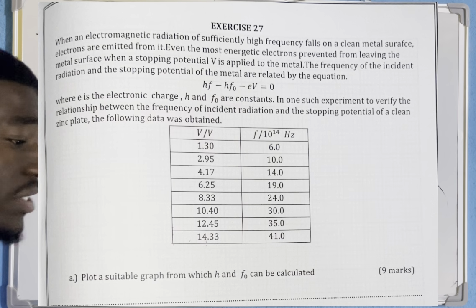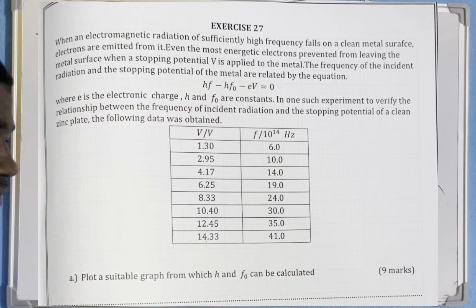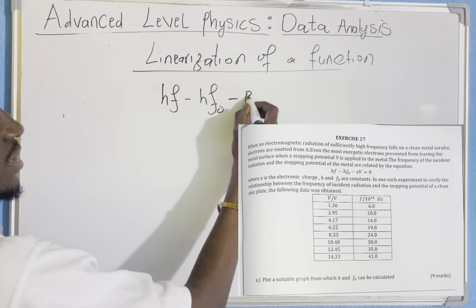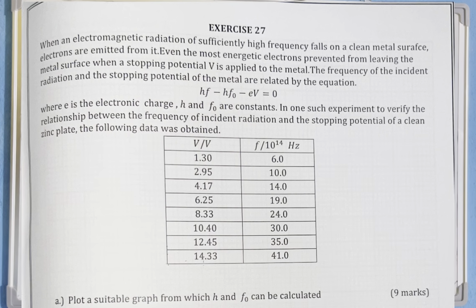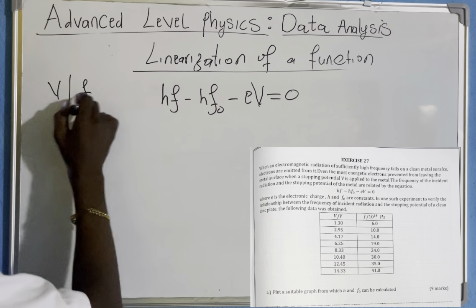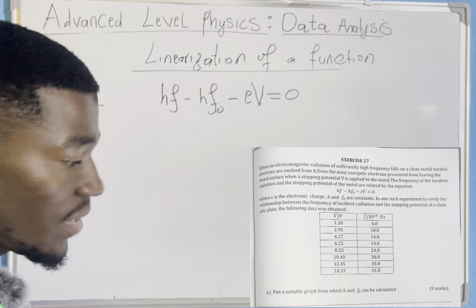The frequency of the incident radiation and the stopping potential of the material of the metal are related by the equation hf minus hf0 equals eV, where e is the electronic charge, h and f0 are constants. In one such experiment to verify the relationship between the frequency of the incident radiation and the stopping potential of a clean zinc plate, the following data was obtained, V against f.